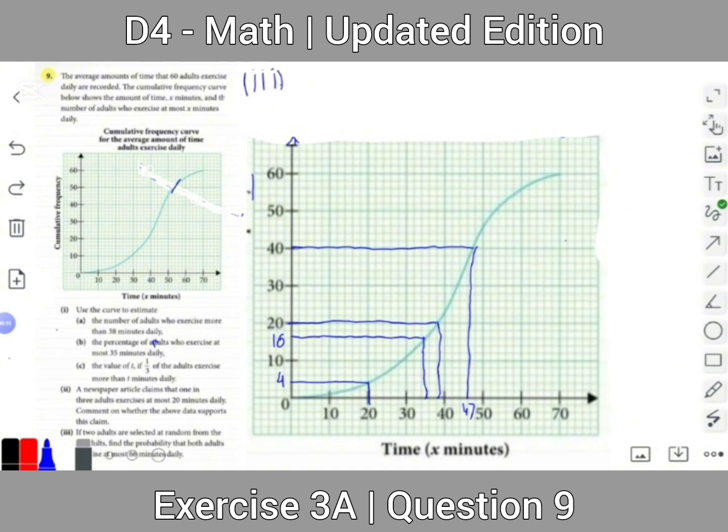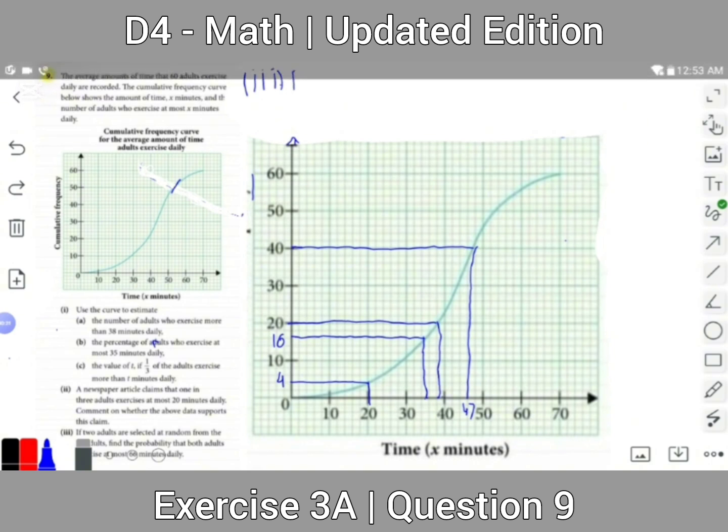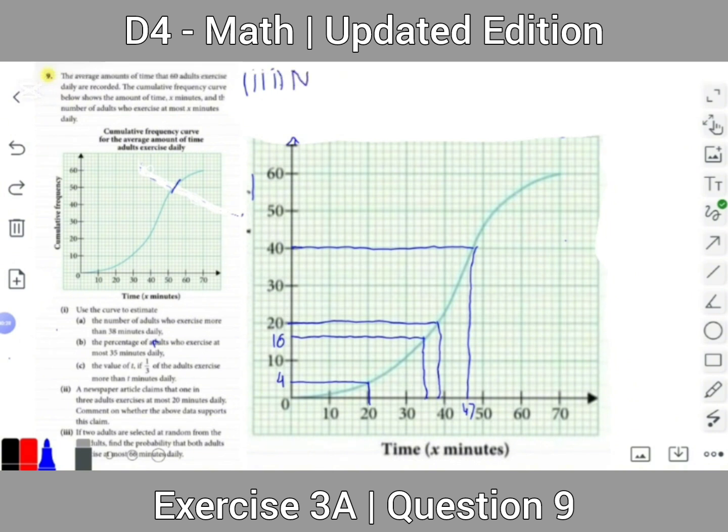So first we have to find out from the curve the number of adults who exercise at most 66 minutes daily.